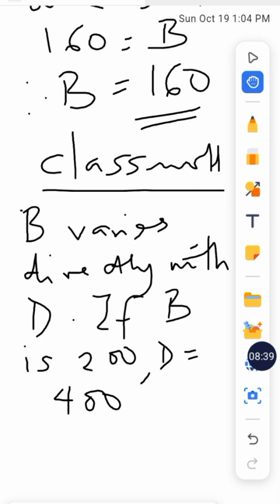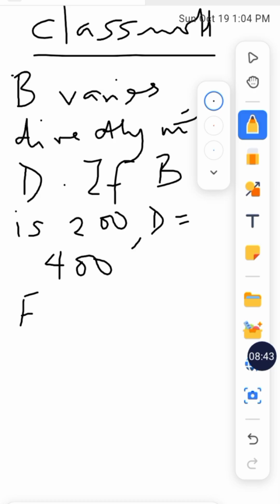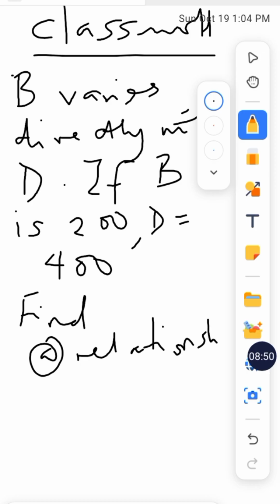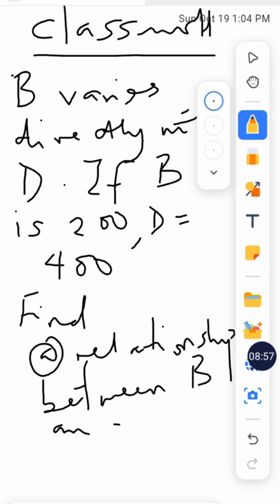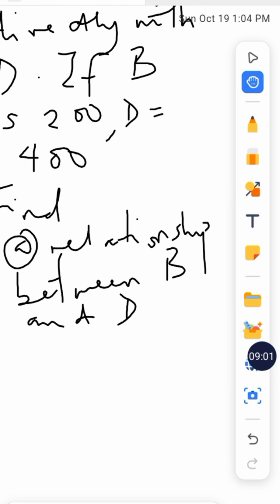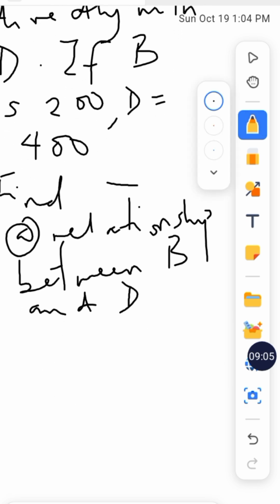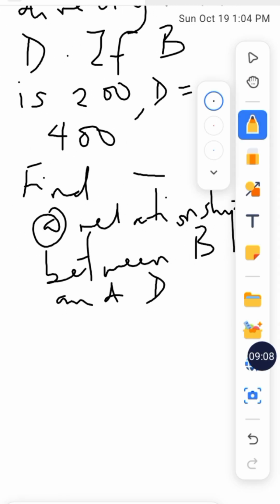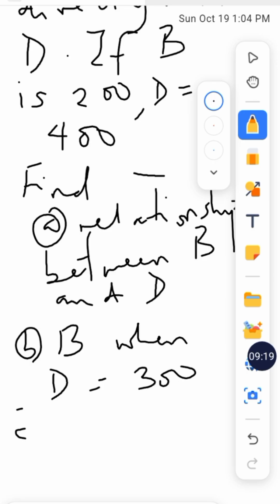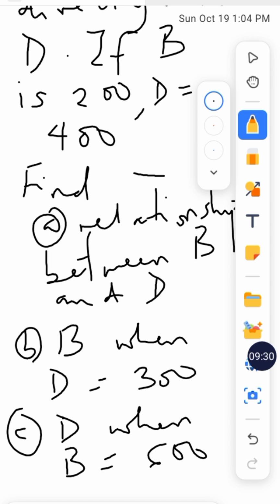Then the first question says find a relationship between B and D. Then question B says find B when D is 300, and C says find D when B is 600. So solve that and drop your answers in the comment section.